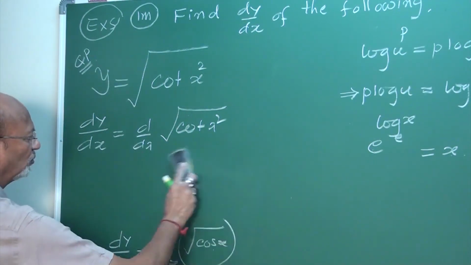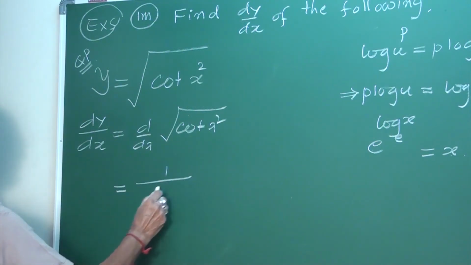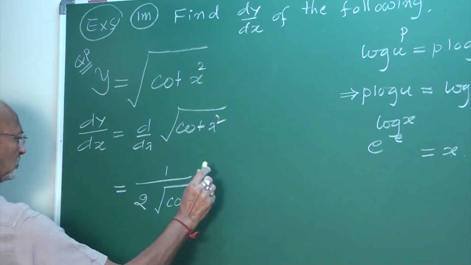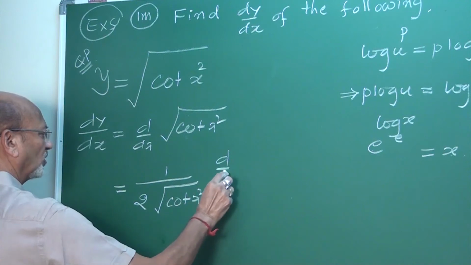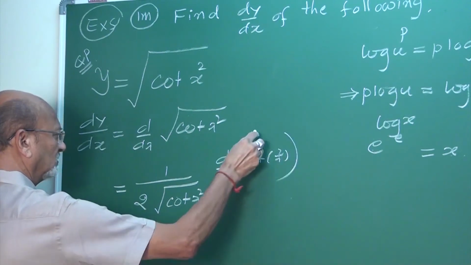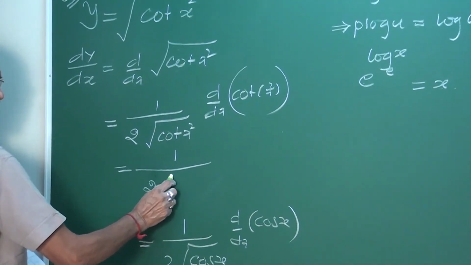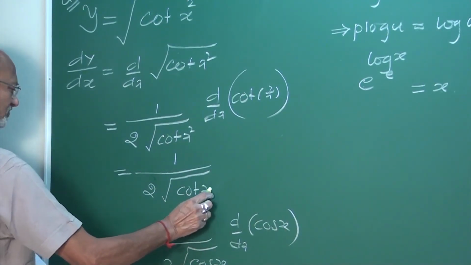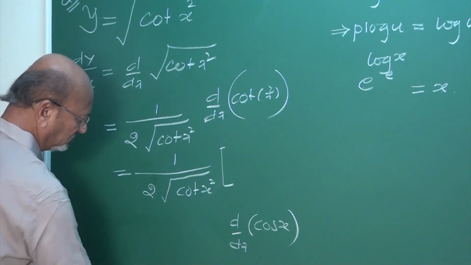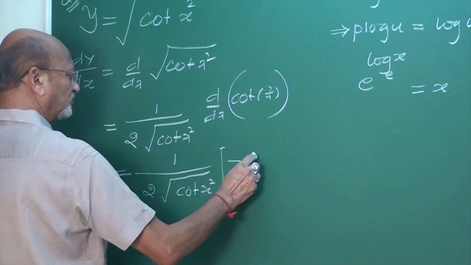Write the derivative. Root f: 1 upon 2 root f into derivative of what is inside. What is inside? Cot x square. Yes, this is 1 by 2 root cot x square, I use a bracket, my friends. Write its derivative. What is the derivative of cot? Minus cosec square x.